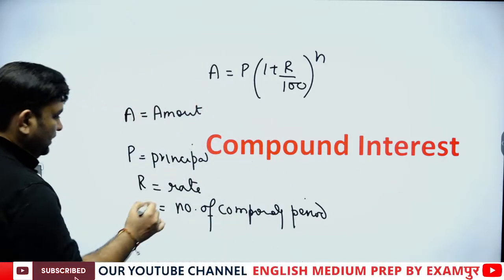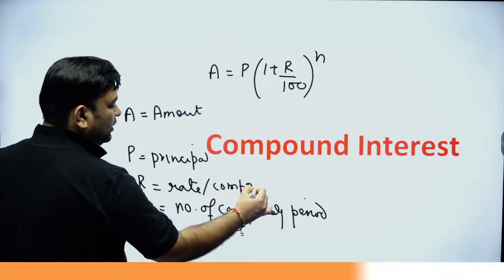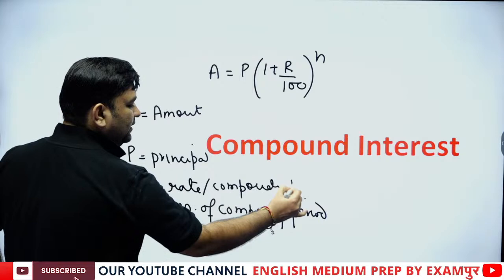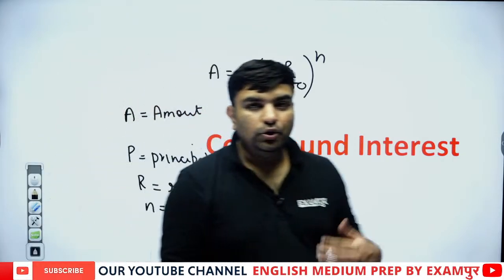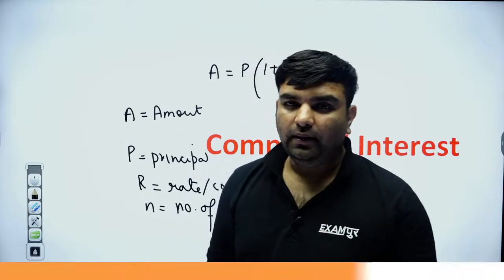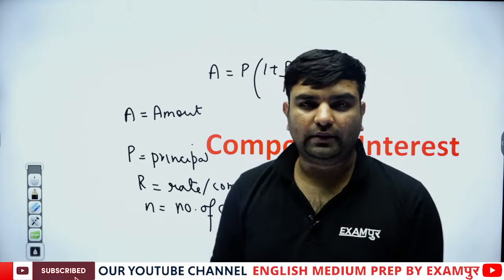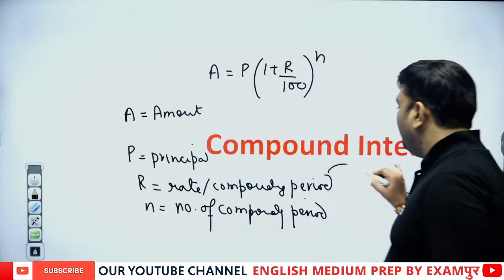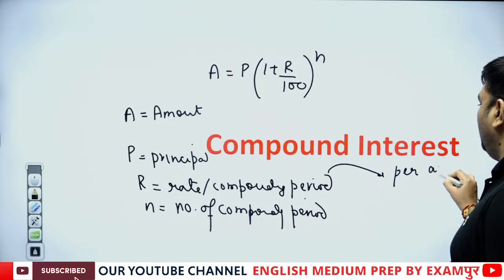And the rate is the rate per compounding period. Your compounding period can be per annum, per half yearly, or per quarter, depending upon what is given in the question.